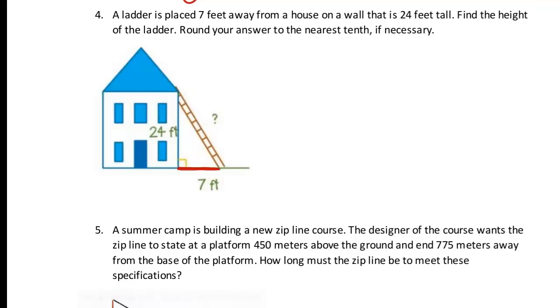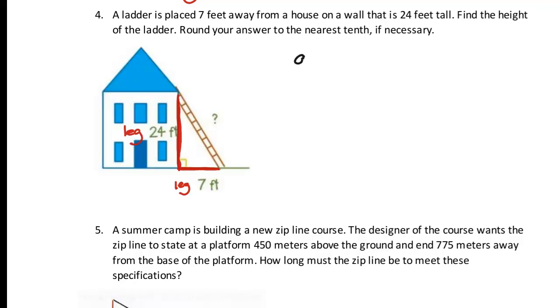Here's the length from the house to the ladder. That is 7 feet. Here is the length of the house up to where the ladder goes. That's 24 feet. I have traced over those with L, so both of these are legs.